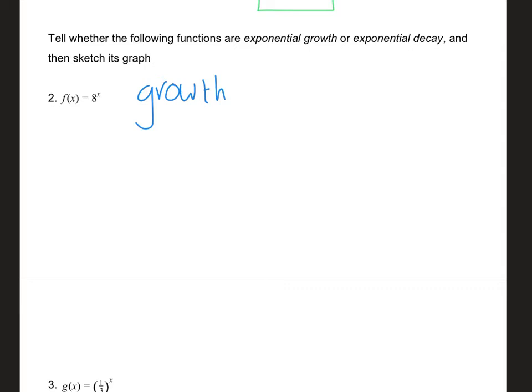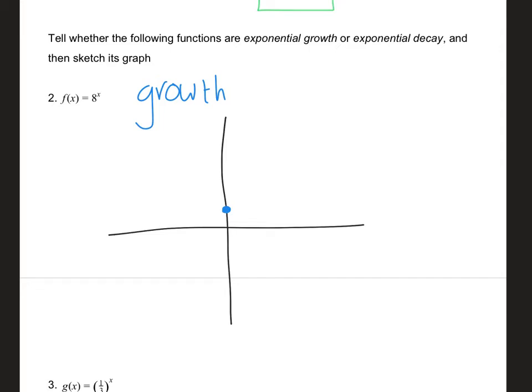Okay, so that exponential growth is going to look just like this, right? I'm going to have the XY axis here. Remember last week when I talked to you guys about the parent function, I told you it always goes through the y-intercept of 1. That's because 8 to the 0 power is 1.